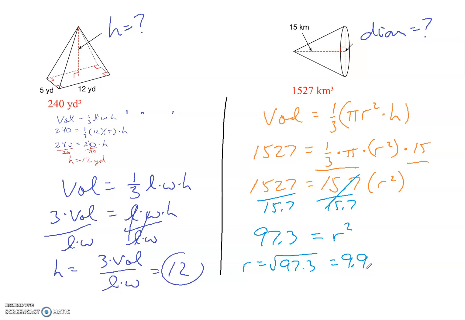And that would be the radius of the actual circular part. Of course the diameter is twice the radius, so we just have to double that. Your diameter would be twice this amount, which would give you about 19.8 kilometers for the diameter.